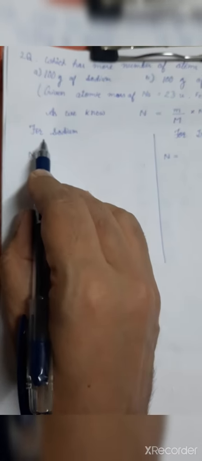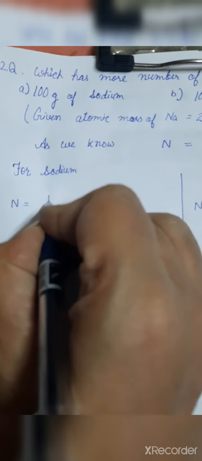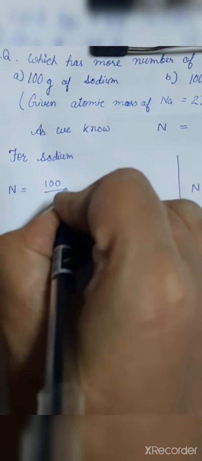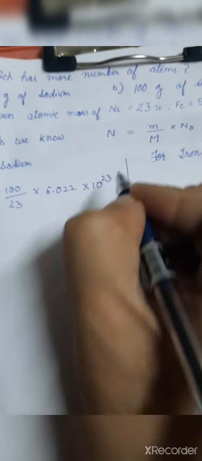For sodium, we can calculate N. Given mass here is 100. It will be 100 upon molar mass of sodium, 23, into Avogadro number 6.022 into 10 raised to power 23.